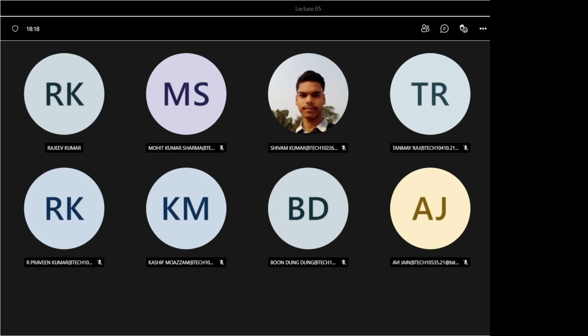Next point. Have you understood? Hinge or pin supports, like your door. Door is the hinge, or pin support. If you give a force, it will move only in the horizontal and vertical directions.